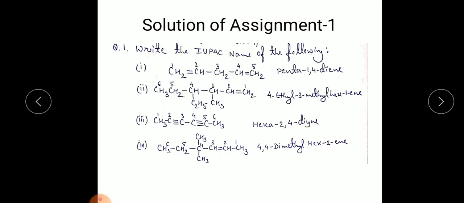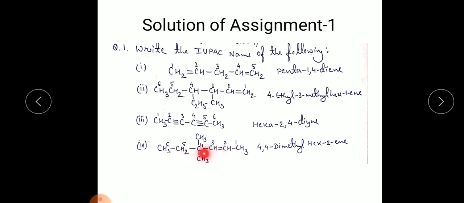Next, number 4. Here the counting has to be done from this end, not from this end. The reason is that when you count from the other side, the double bond occupies position 2. So we have to count from the side where the functional group comes first. We count from this side 1 2 3 4 5 6 carbon atoms in a straight chain.